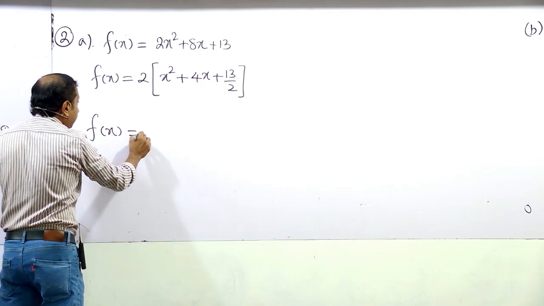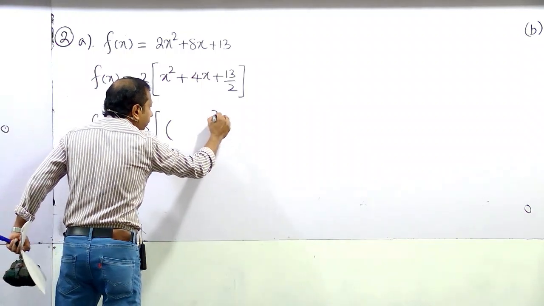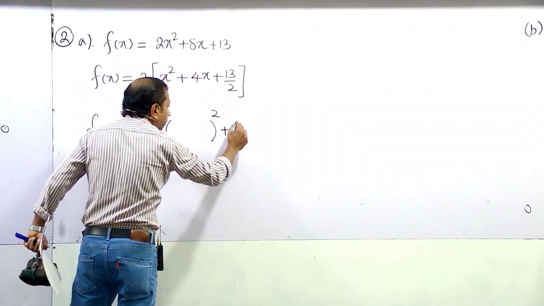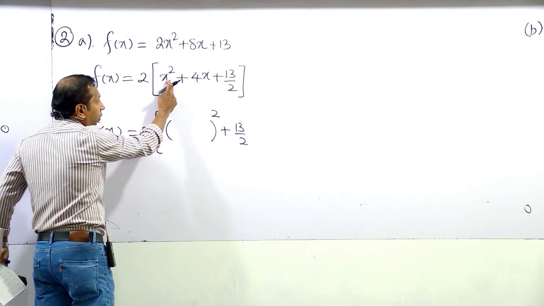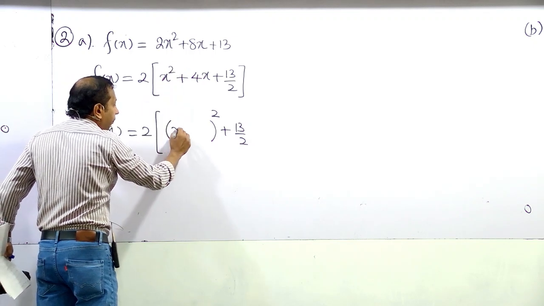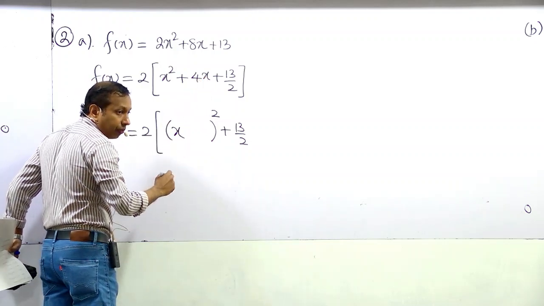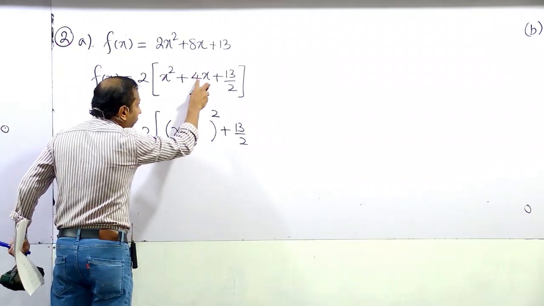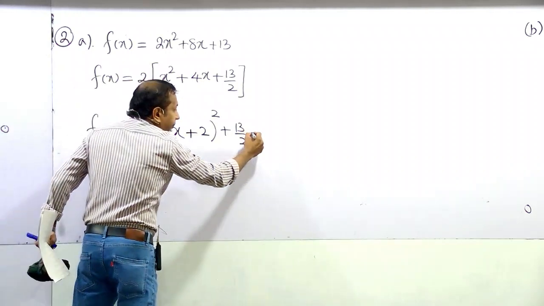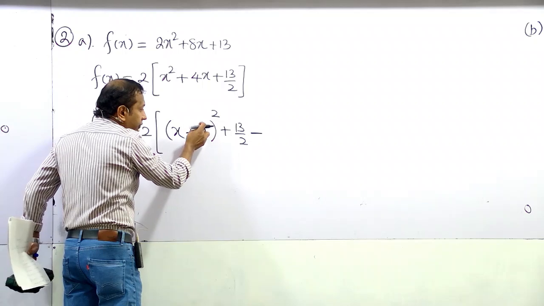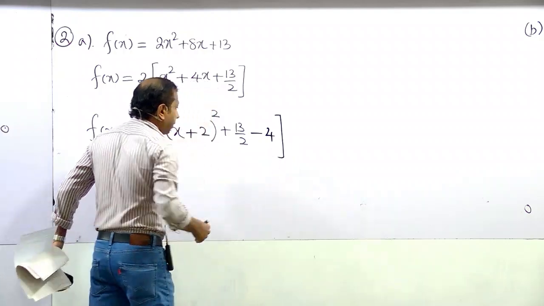We put a perfect square like this, and this 13 by 2. All right, now tell me the terms we write inside the bracket. From this x squared, without the square, only x, and this x coefficient should be divided by 2. Yes, here we have 4, dividing by 2 we get 2. Okay, finally we subtract always what? The perfect square of this, right? 4. This is the way of completing the square, right?